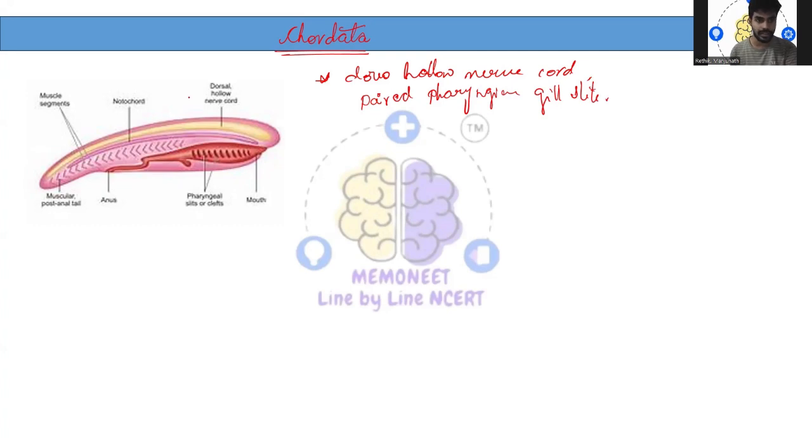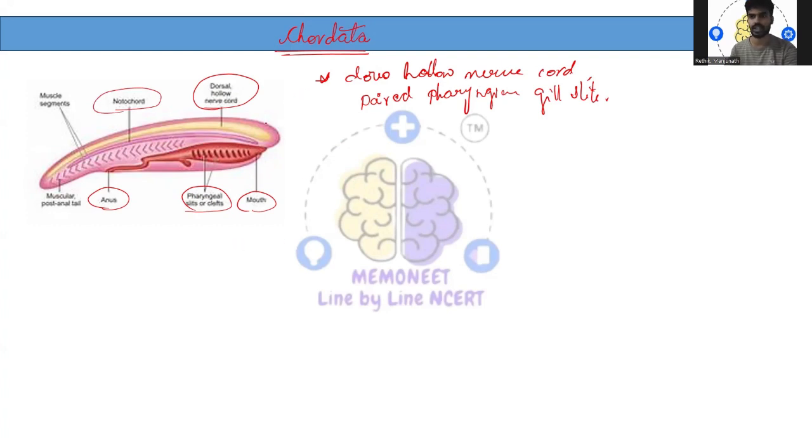So you can see here, right? You are seeing this dorsal hollow nerve cord. Then you are also seeing paired pharyngeal gill slits. You can see the mouth part, that is, a complete digestive system can also be seen, right? The mouth is there, and the anus is also there. So the presence of notochord can also be seen here. So this is all about the chordates.